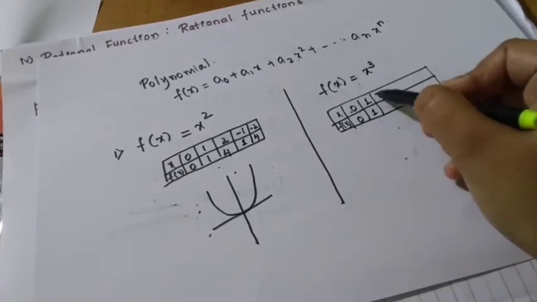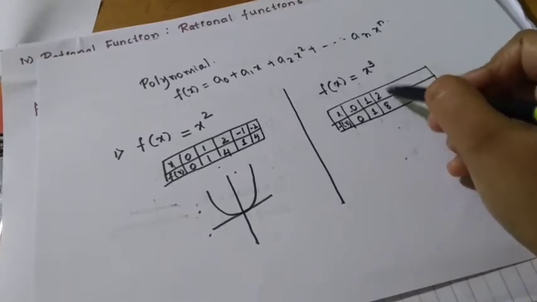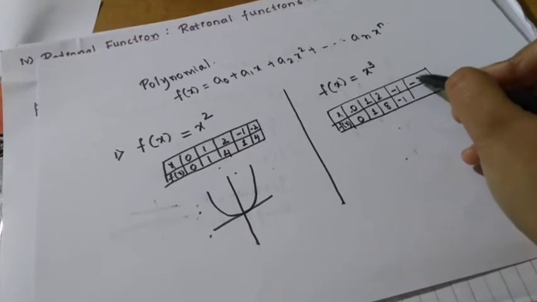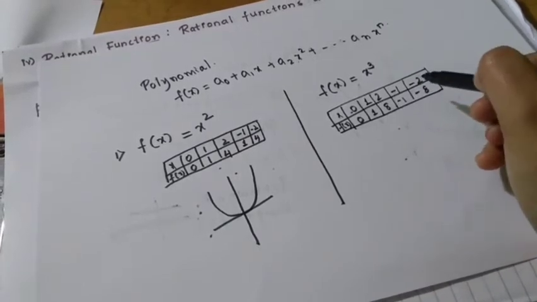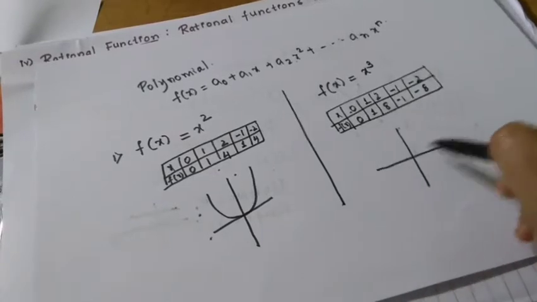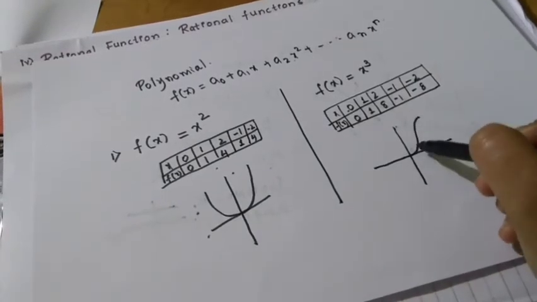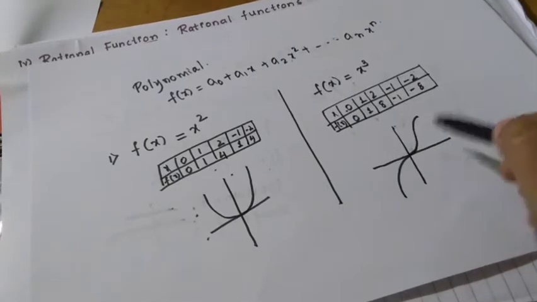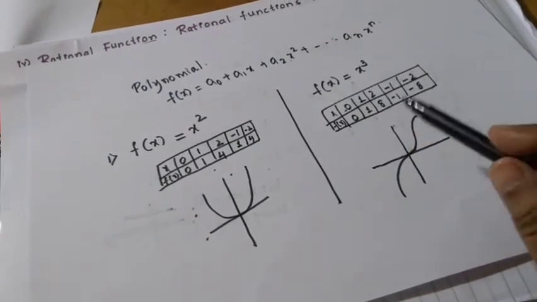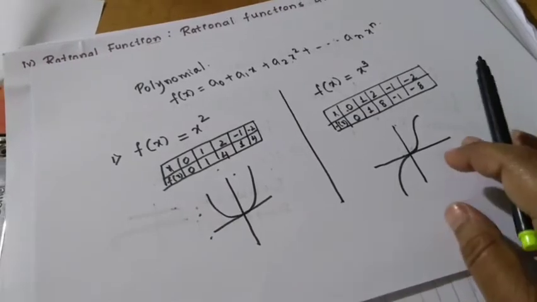If you take 2, 2 raised to 3 is 8. If you take minus 1, it is minus 1. If you take minus 2, it was minus 8. Then we got the graph of this function like this. This was the graph when f of x is equal to x cube. By taking values you have to draw the graph.